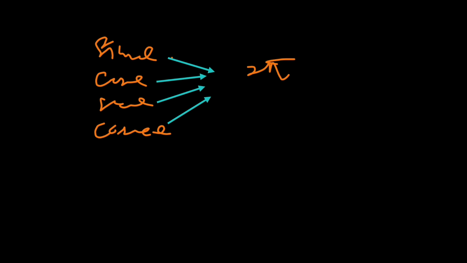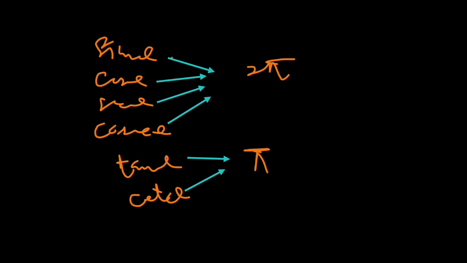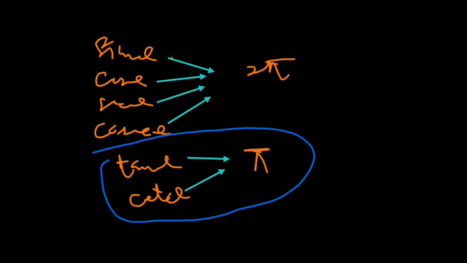But the period of the tangent and cotangent functions is pi. So the basic period of tangent and cotangent will be pi, but the basic period of the sine, cos, secant, and cosecant functions is 2 pi.